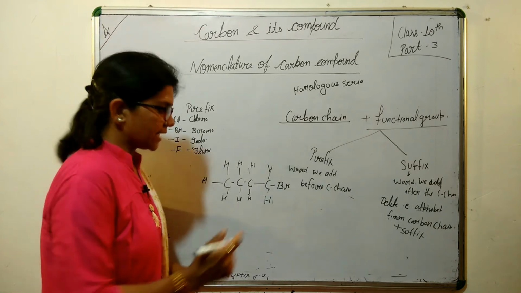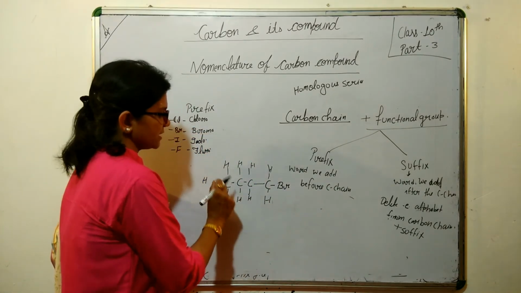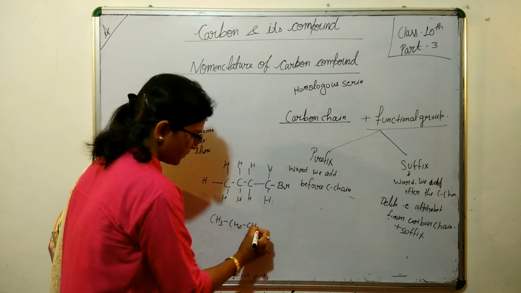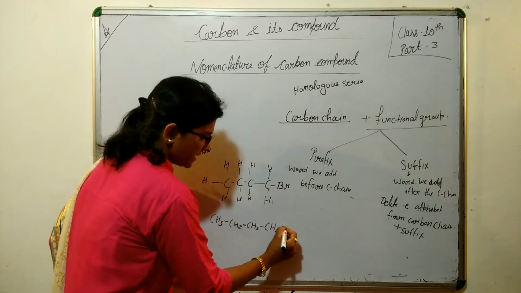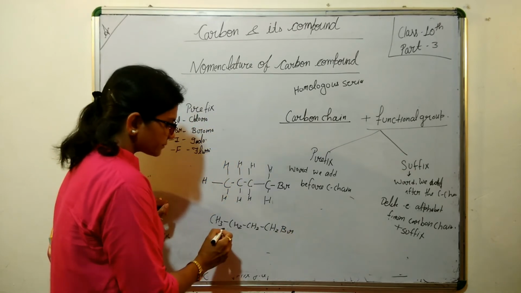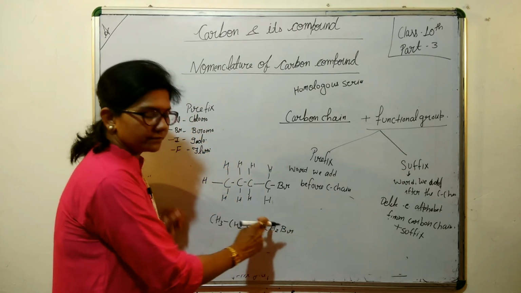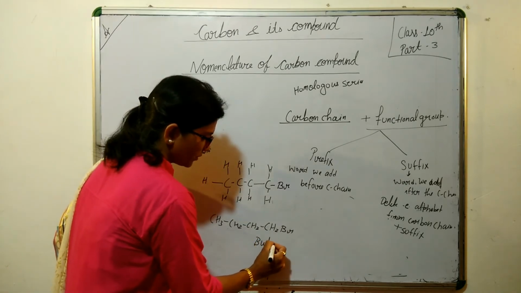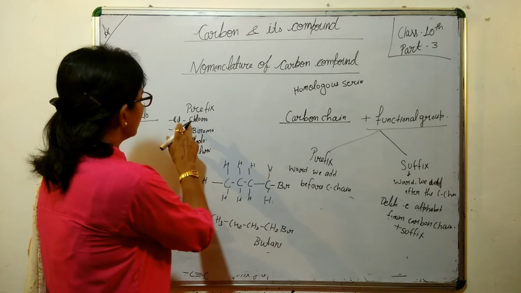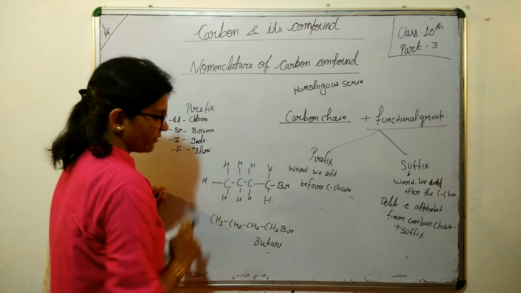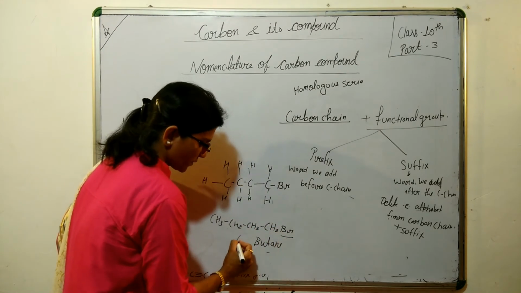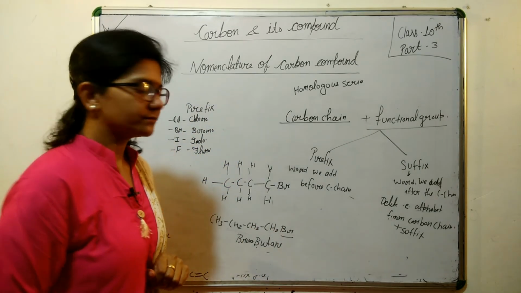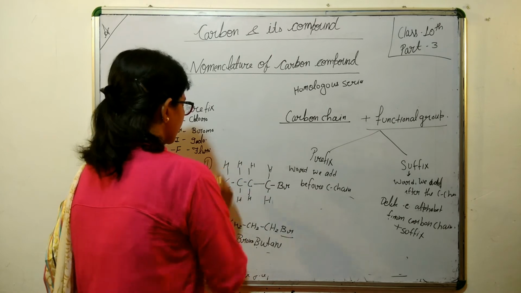So what will be its name? You can write it in a simpler way: CH3 CH2 CH2 CH2Br. Then 1 2 3 4, it is butane, and for halo we have seen that it is a prefix, so it is bromo. What will it be? Bromobutane. Clear? That was one example.